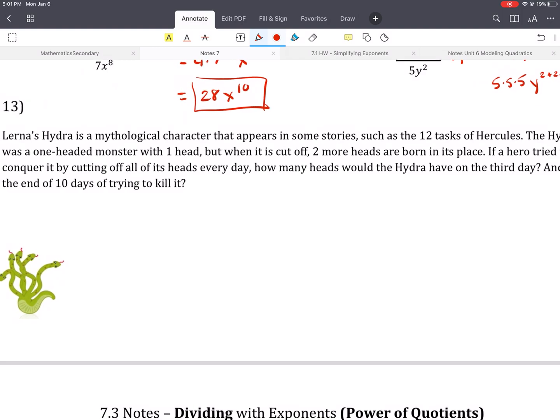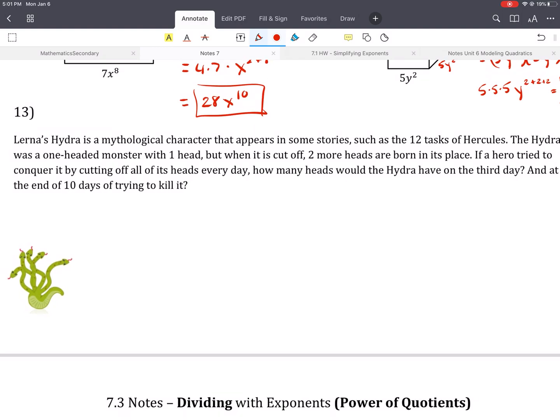All right, so the first day, let's say before he cut anything, so this would be day 0, okay, there would be 1 head. Day 2, he cut that off, and what would come back would be 2 heads, okay. Day 3, okay, you cut each of those off, and each of those 2 break into 2 more, so we'd have 2 times 2, okay?